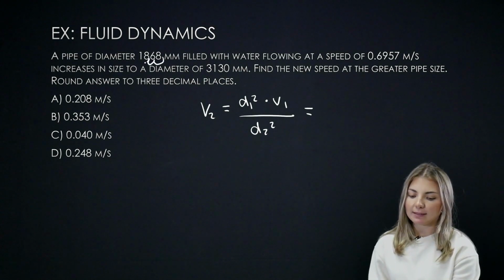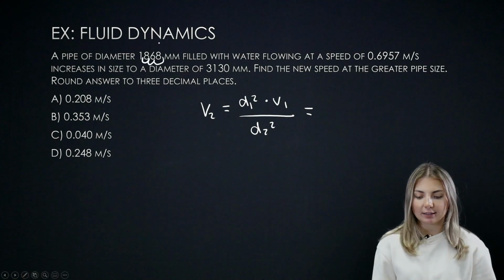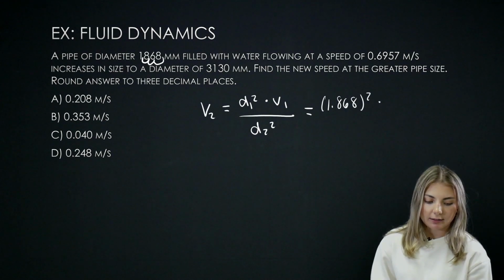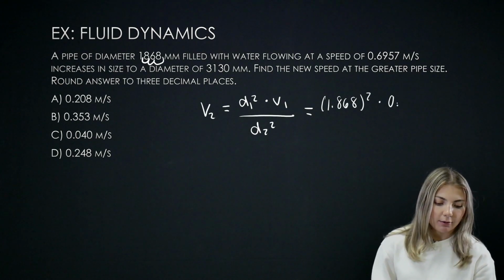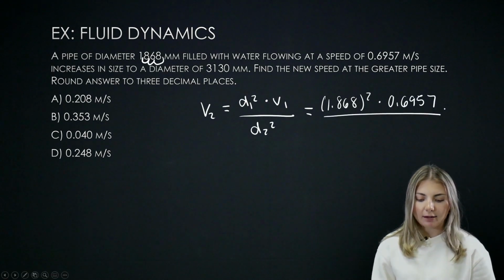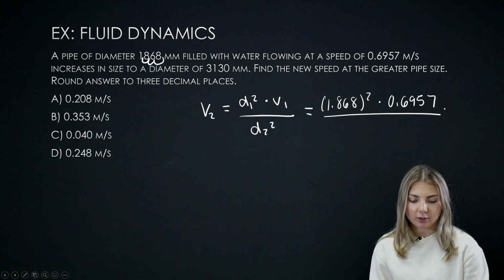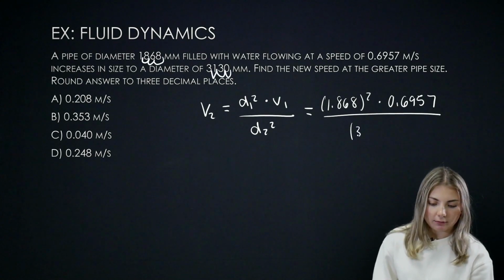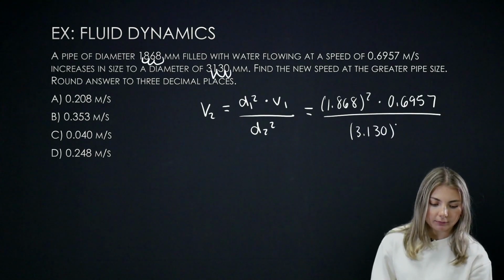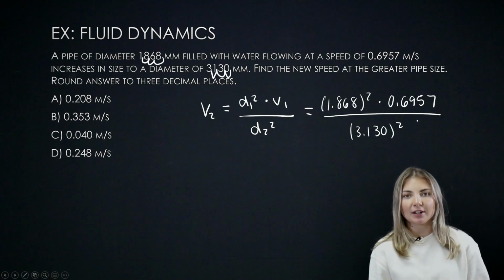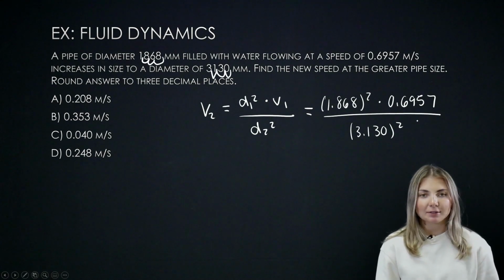This can be done just by simply moving the decimal place 3 to the left. So now we have 1.868 squared and 0.6957 divided by, and we will do the same for this diameter, 3 places to the left, 3.130 squared.